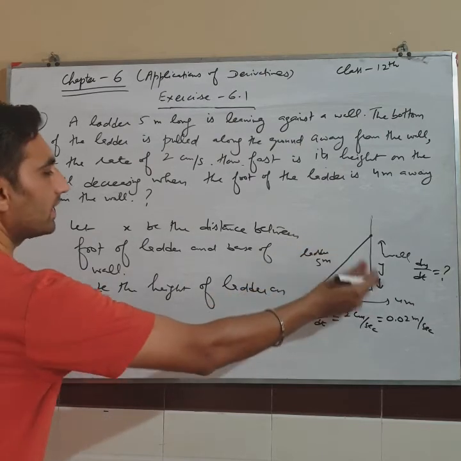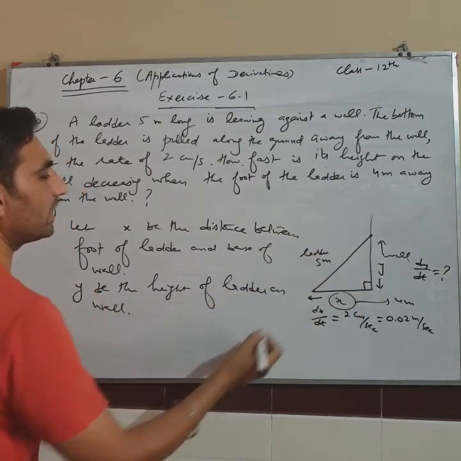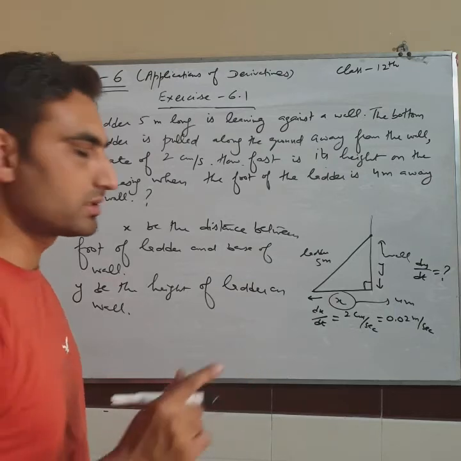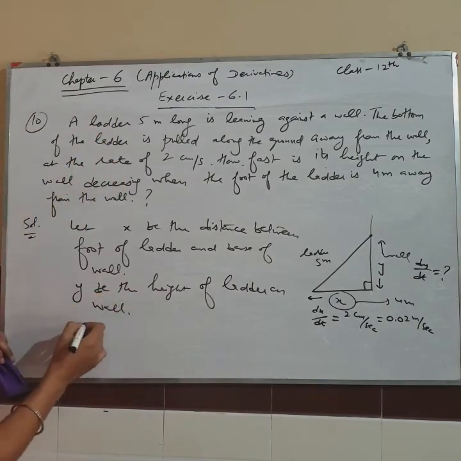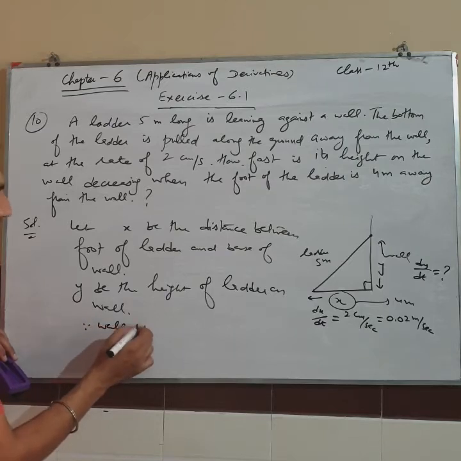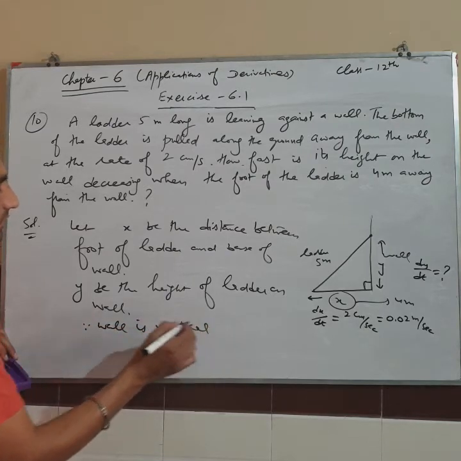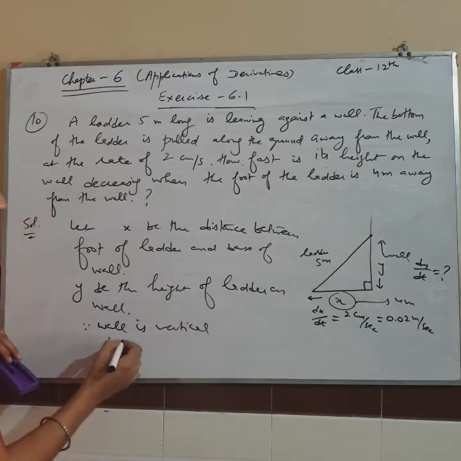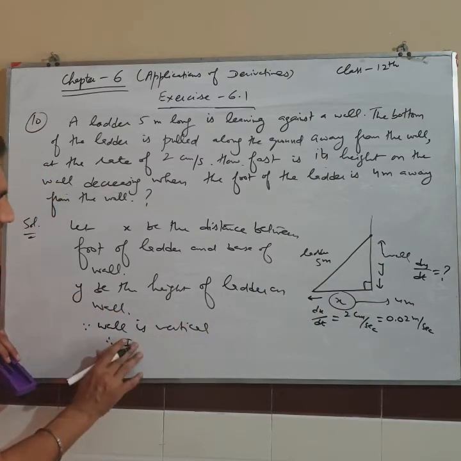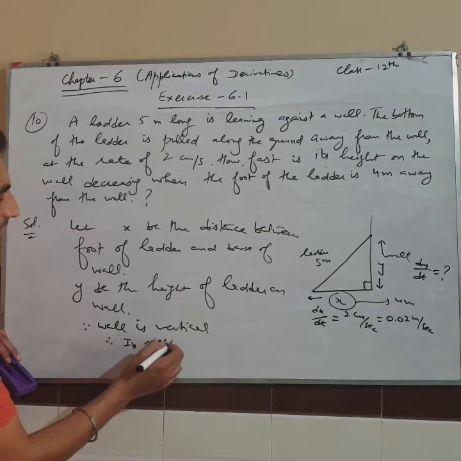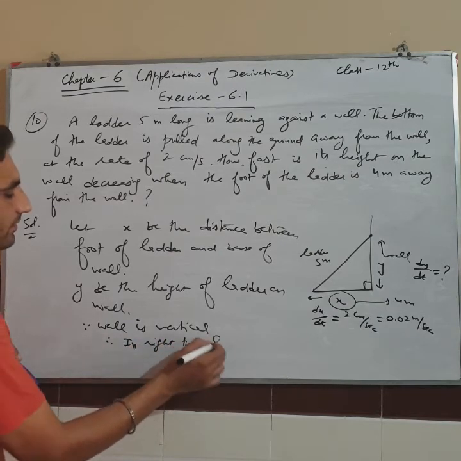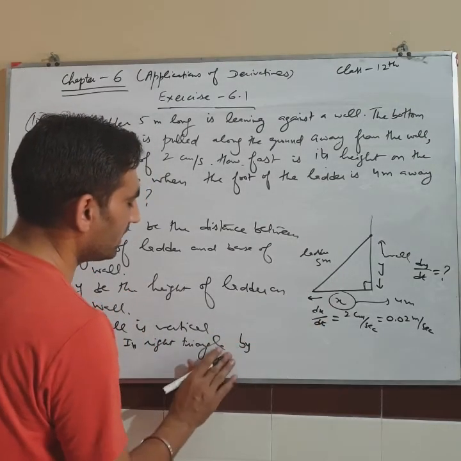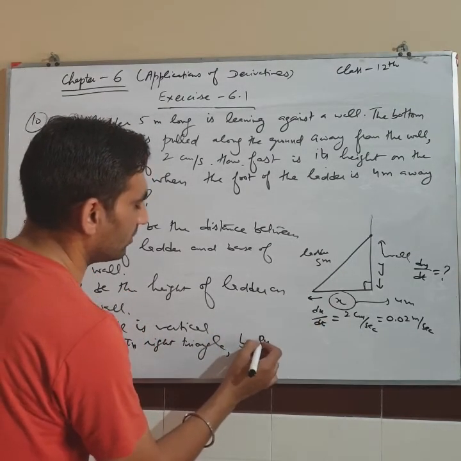If it is a combination of these three values and there is a right triangle, we can use only one theorem, that is called Pythagoras theorem. So let's write that calculation. Because the wall is vertical, in the right triangle, by Pythagoras theorem, only one theorem helps.